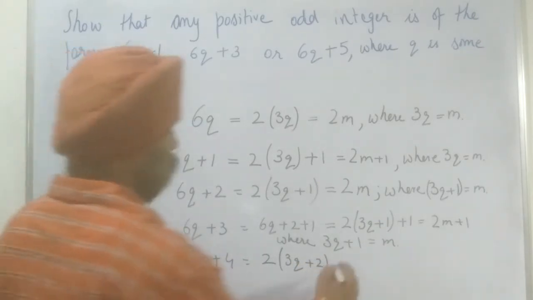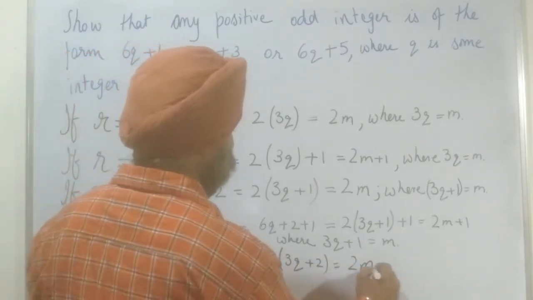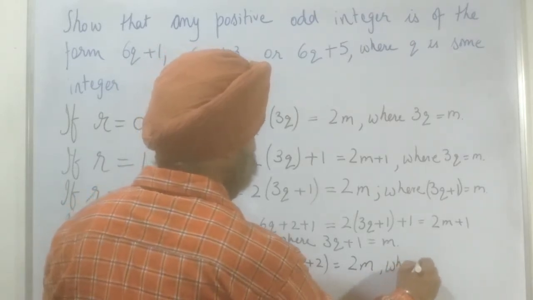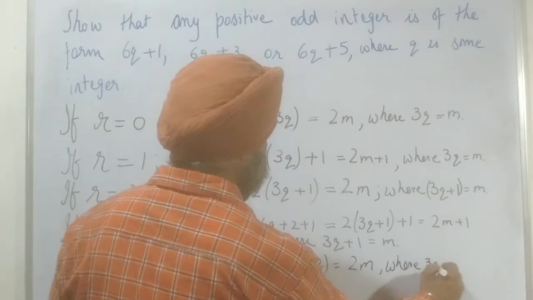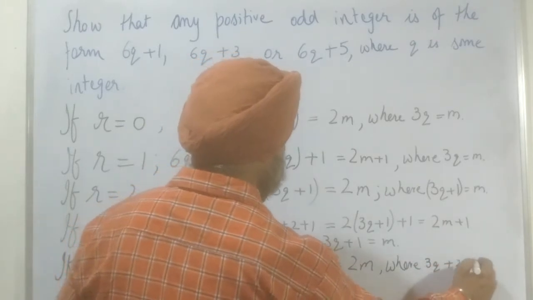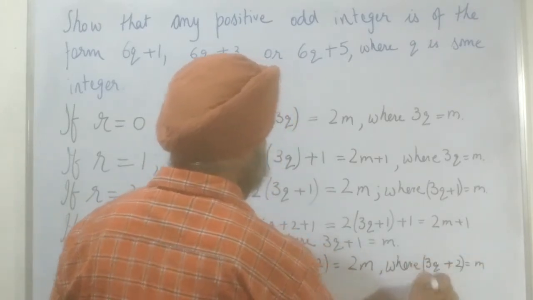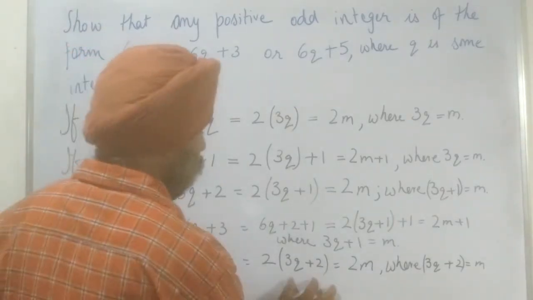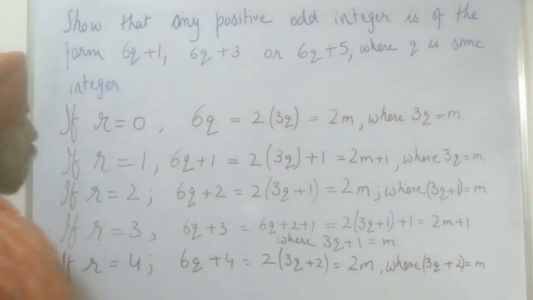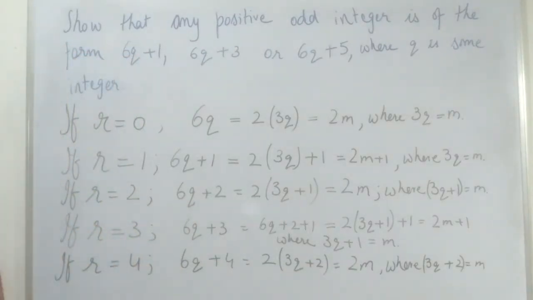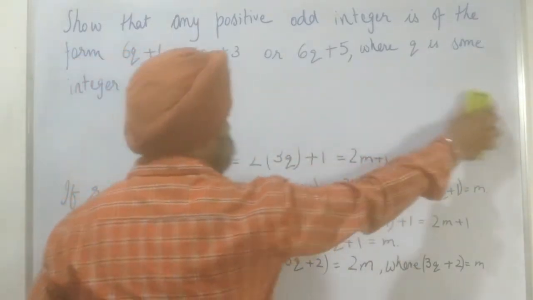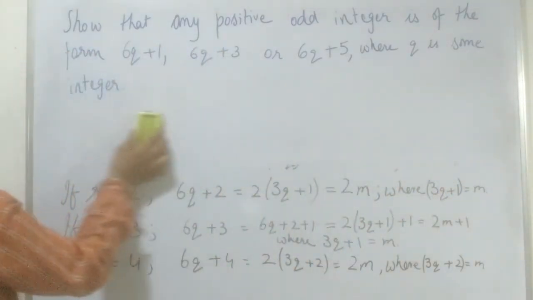Okay. Now it is 2m, right? Where 3q plus 2 is equal to m. Fine. I think this is very clear. Okay, 3q plus 2, we have taken it as m, so it is 2m, right? Now there's less space, so we are going to erase the upper two conditions.